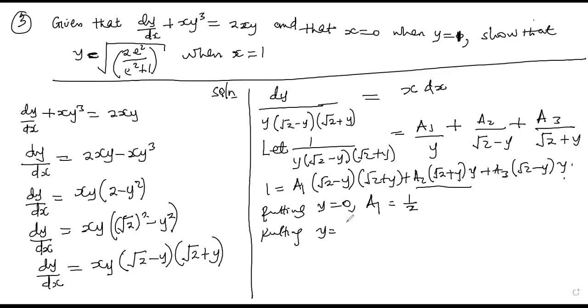When y is negative root 2, it means that here is a1 into root 2 minus negative root 2, but here is already 0. So this is 2 minus root 2. This is also 0.